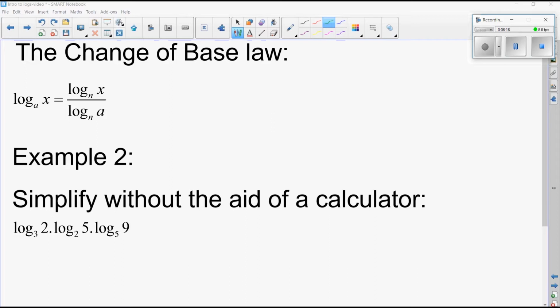Now the choice of the new base is going to be complicated, but having a closer look at this, can you see you have the number 2 and then you have the base 2. You have the number 5 and then you have the base 5. You have the number 3 and then you got 3 squared, which is 9. So what base would I change it to? In this situation, I think the best is to change it to base 10.